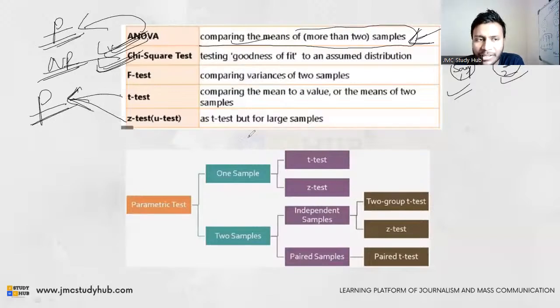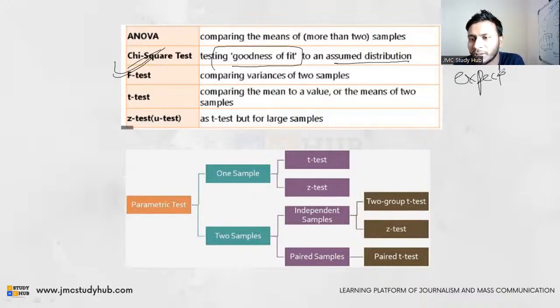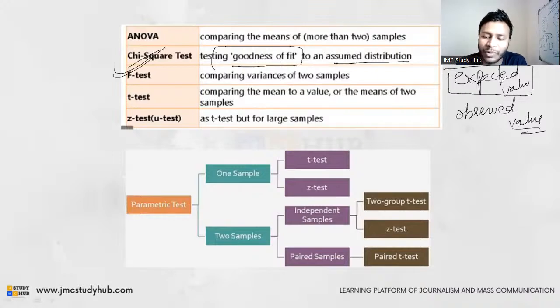See, here we were discussing chi-square. So what is chi-square? Chi-square is testing the goodness of fit to an assumed distribution. There is an expected value and there is an observed value. Okay, you find the association between these two values, the difference, that is, what the association of the two variables is.